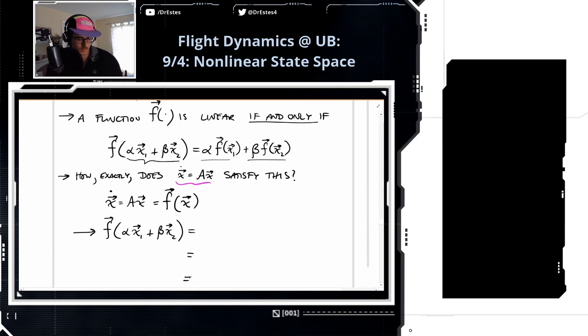What does it mean if we try to take this function of x, but instead of x have this argument? Well, we're going to have A, and then instead of x, we're going to have this A matrix times this argument.